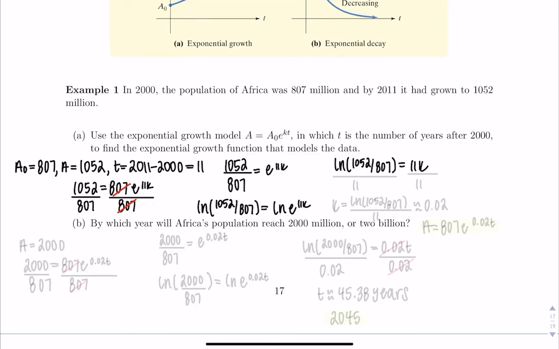We're solving for k, so we're going to divide both sides by 11. And so k equals ln of 1052 over 807 divided by 11. Let's get a decimal approximation. Compute the top first.